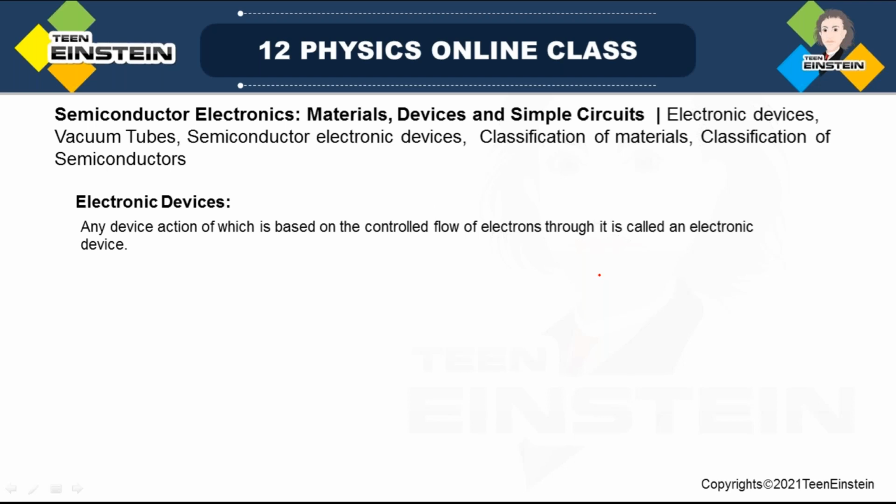And the basic thing is the electron. Actually, the term electronic comes from electron itself. So this is the guy which is actually doing the whole job in these electronic devices. Electrons, we know, are light particles having mass 9.1 into 10 to the power minus 31 kg.